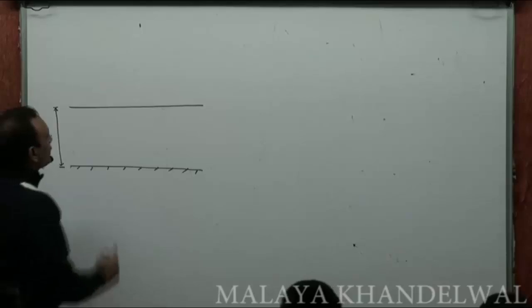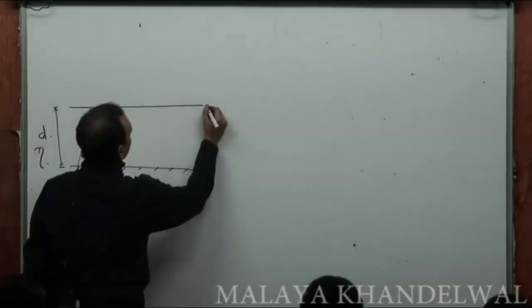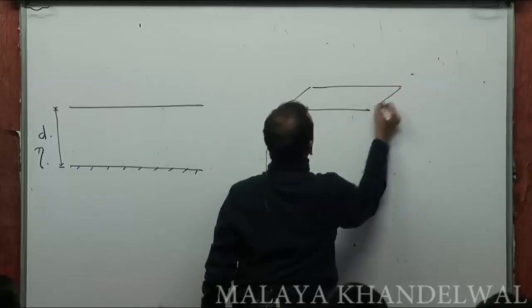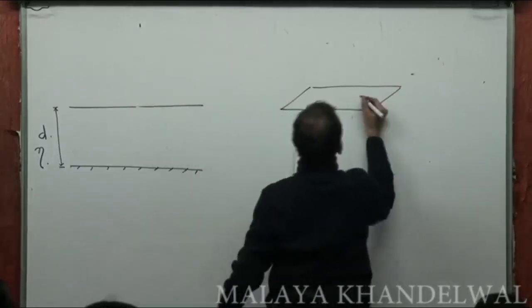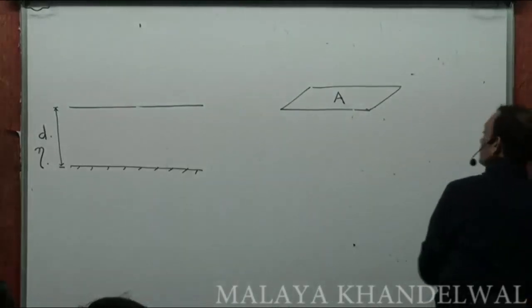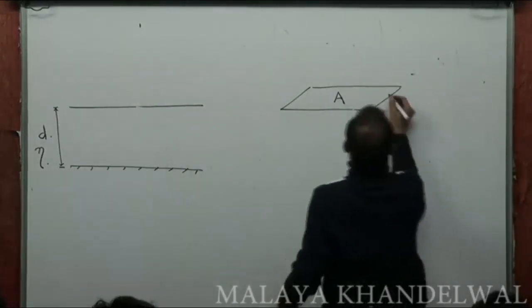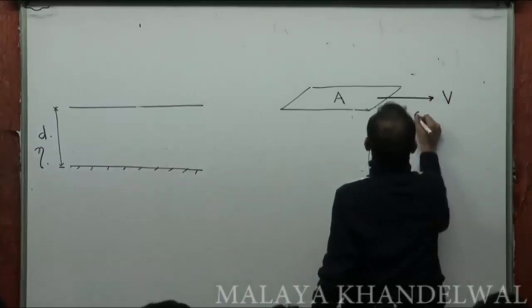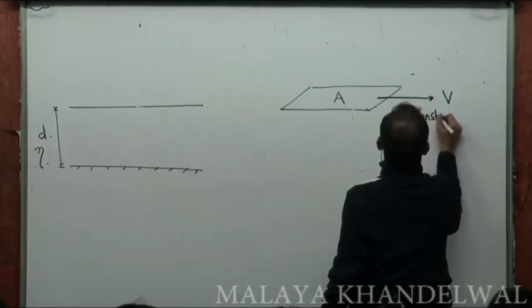Now I have a plate on the top layer. This one is a plate of area A, and I want to move it with constant velocity v.